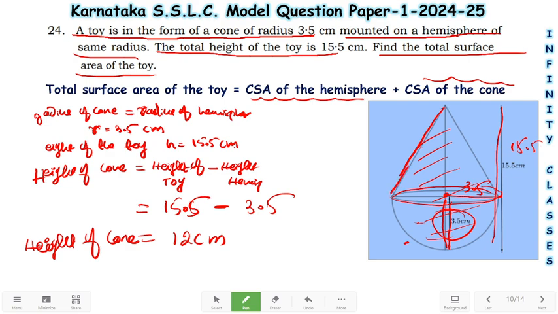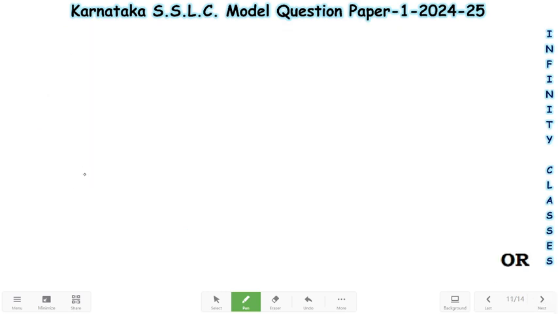The slant height of the cone is calculated using the Pythagoras theorem. So slant height L is equal to square root of R square plus H square.